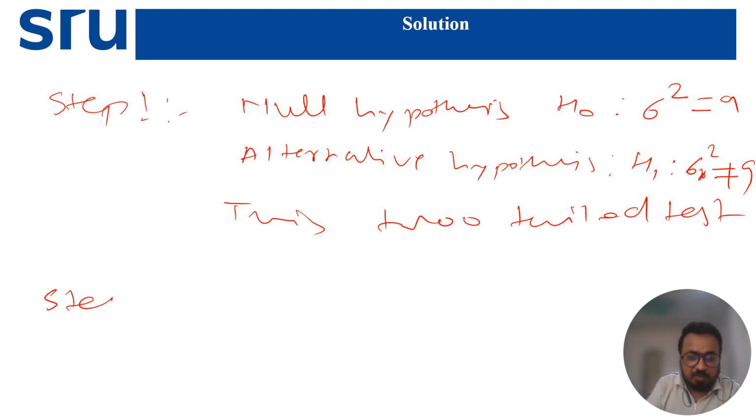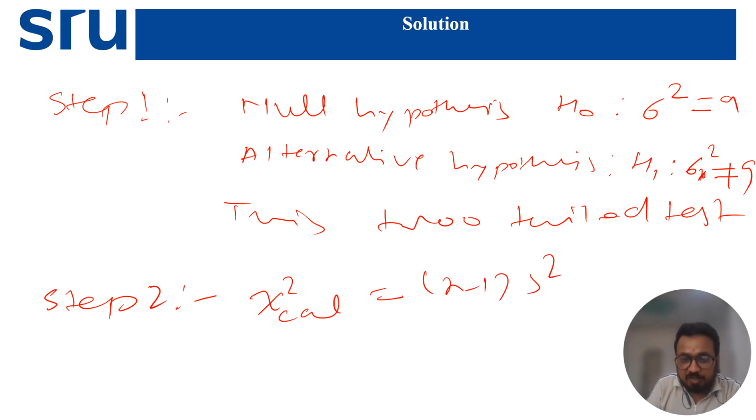In step 2 we will find the test statistic value, that is the chi-square calculated value. This is equal to n minus 1 into s square by sigma naught square. What is n? n is 15 here.